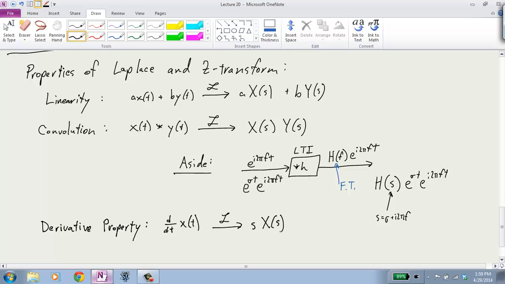If you remember, the Fourier transform property was this same thing, except we had I 2 pi f plugged in place of s. You can find it in the Fourier transform tables in the book, or go back to one of your early problem sets. And you'll see that for the Fourier transform, we get I 2 pi f times x of f. And here, just replace that with s.